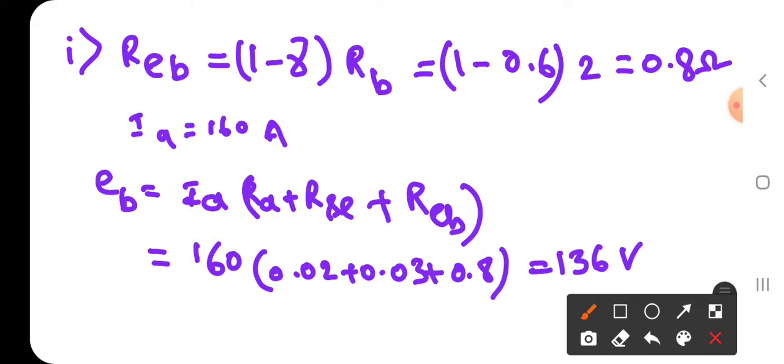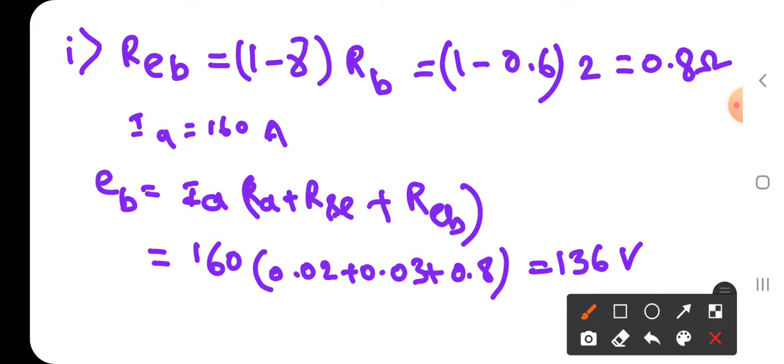So now at a field current of 160 amperes, the back EMF is 176 volts at the speed of 500 rpm. If you draw the characteristics, from the characteristics you can identify that.